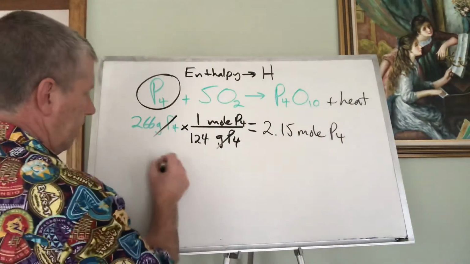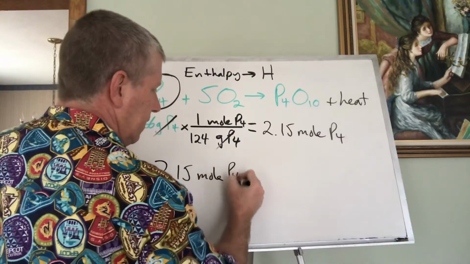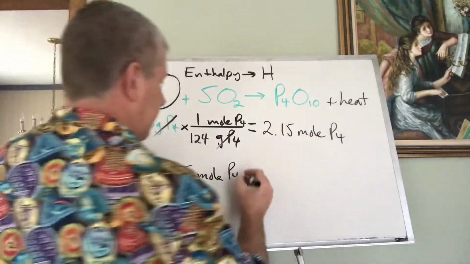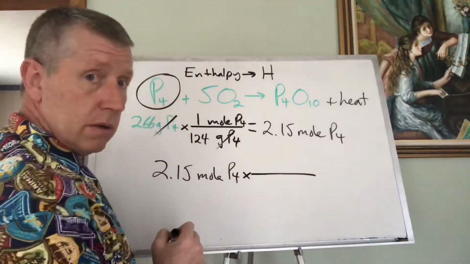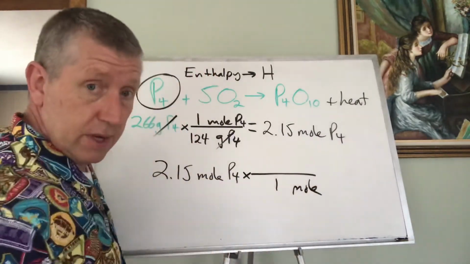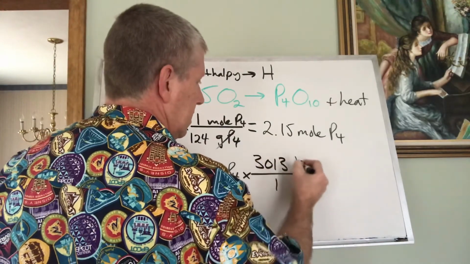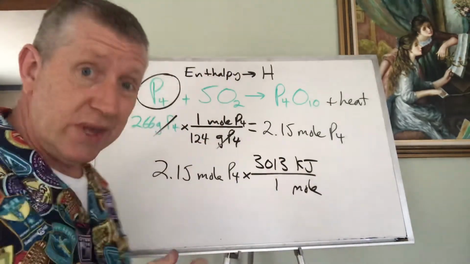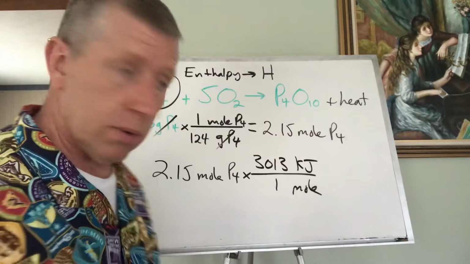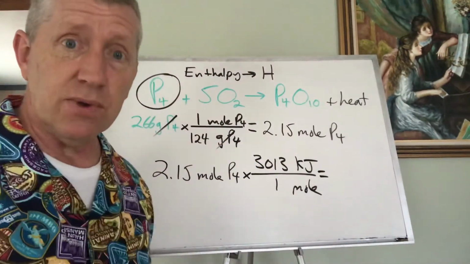So if I know that I have 2.15 moles of phosphorus being burned, then I get per mole 3,013 kilojoules of sweet, sweet heat energy. Multiply that, you get the answer.